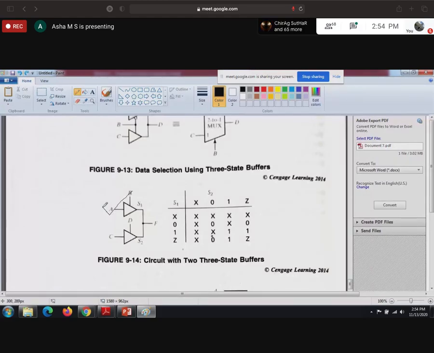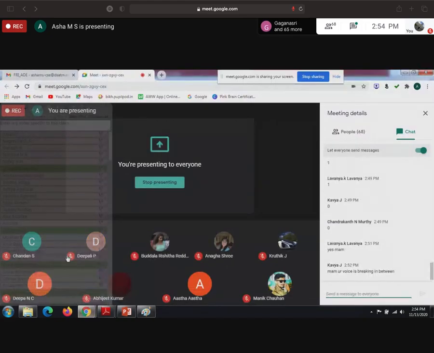So if the first buffer is enabled, F equal to S1. S1 is the output of the first buffer, so that's equal to A. When the second buffer is enabled, F equal to S2 equal to B. So this is how it actually works. If both the buffers are disabled, do we know what is the output of F?